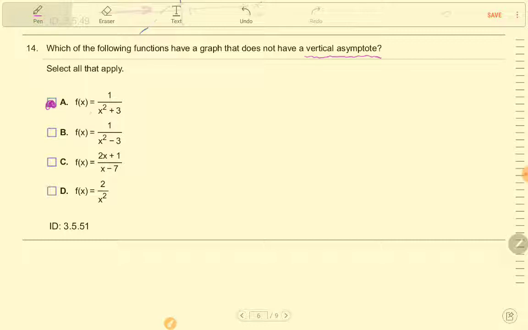And if you couldn't tell just by what I said, you could take that denominator and set it equal to 0 and solve for x.